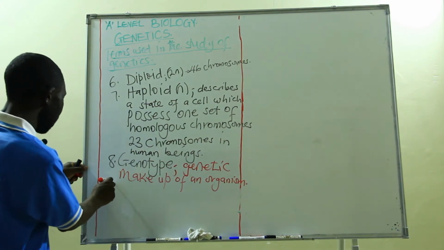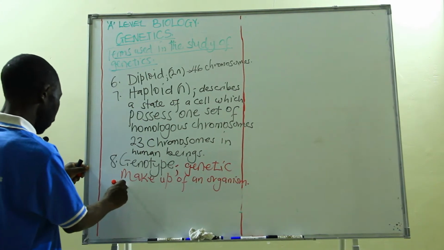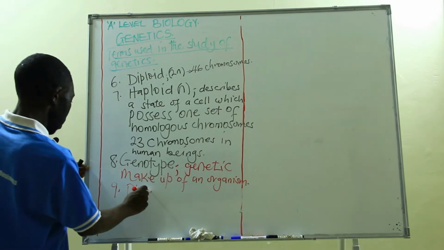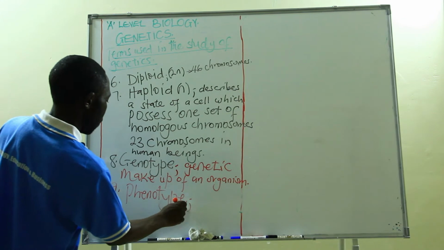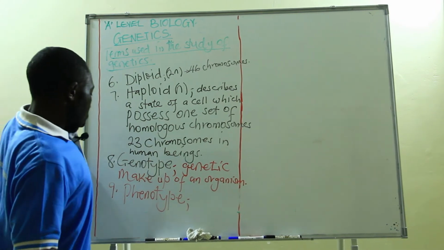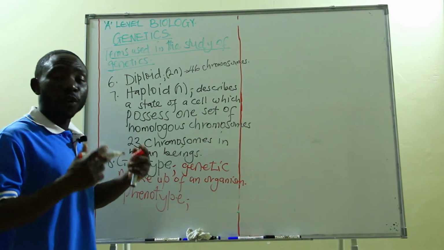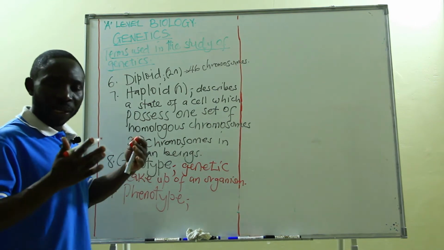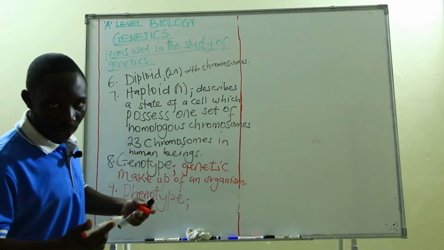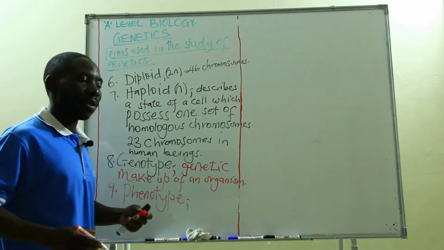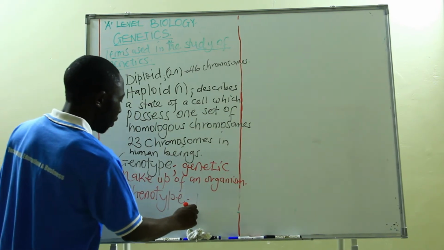The other one, which is number 9, is phenotype. This one means the physical outlook of an organism or the observable characteristics of an organism.